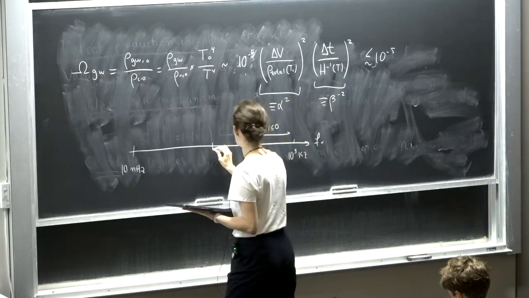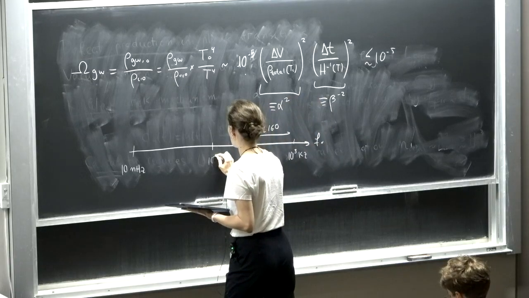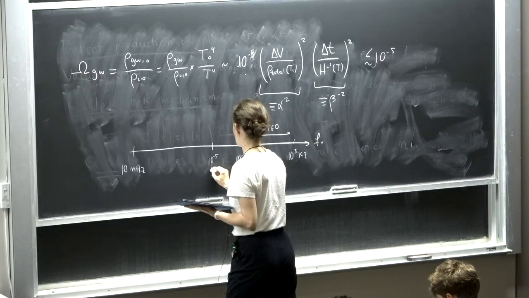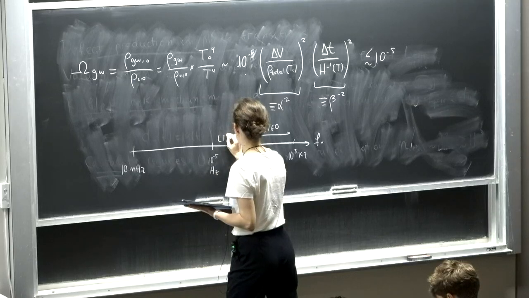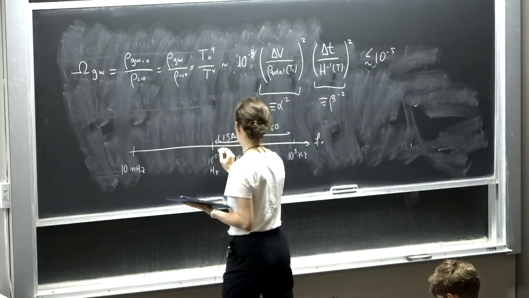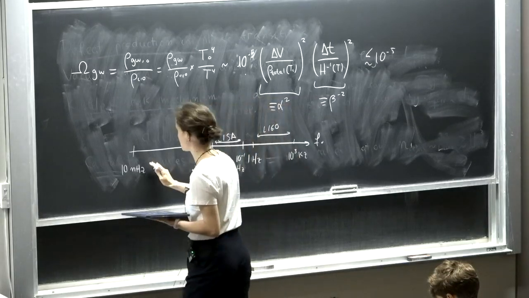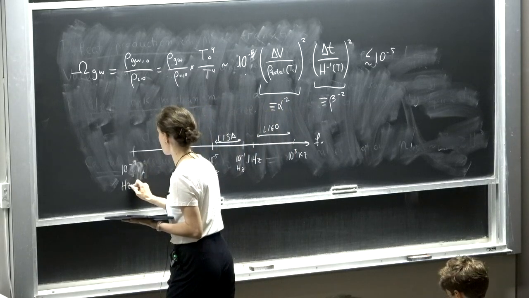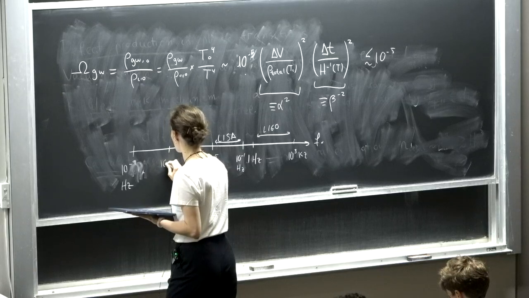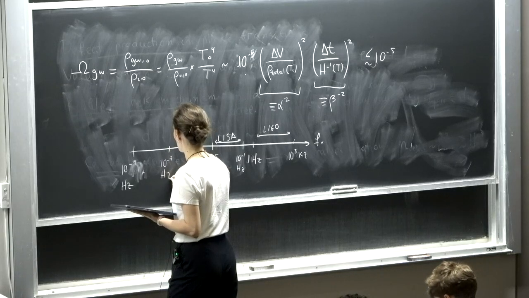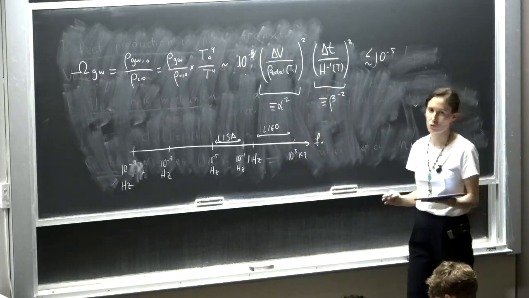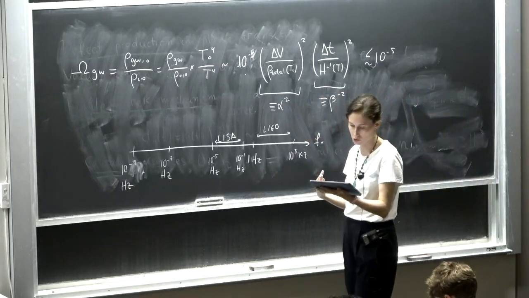LISA will operate somewhere between 10 to the minus 5 and 10 to the minus 1 hertz. And then at very low frequencies, another very interesting type of experiment is the pulsar timing arrays, which operate between 10 to the minus 9 and 10 to the minus 7 hertz. These have different sensitivities to the strength of a stochastic background they could discover.